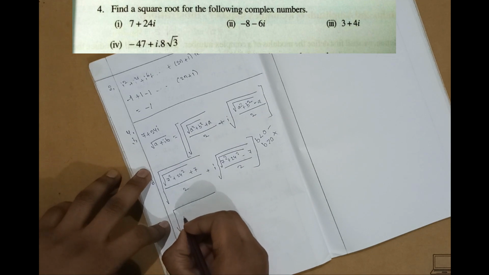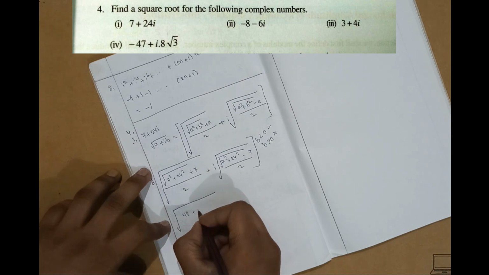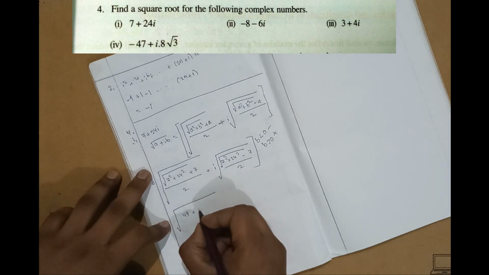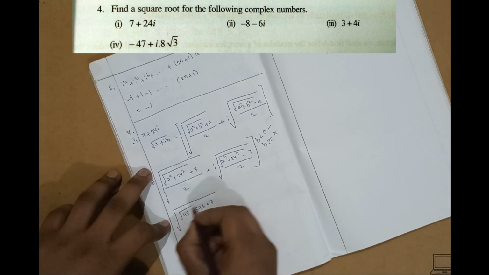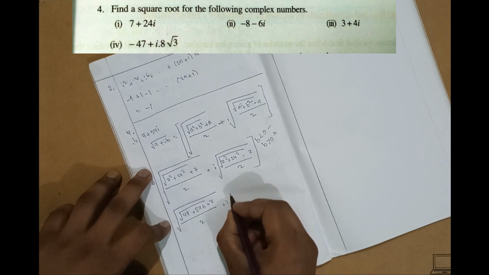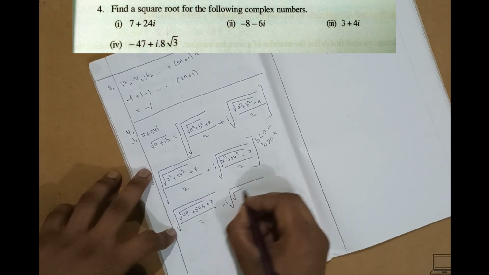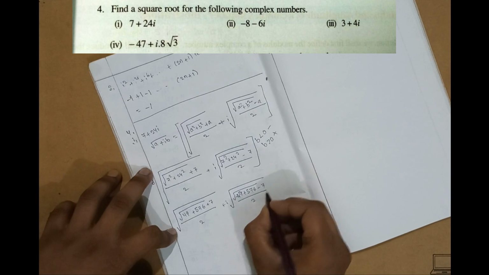Now 7 square is 49, plus 24 square is 576, by 2, plus i of under root 49 plus 576 minus 7 by 2.